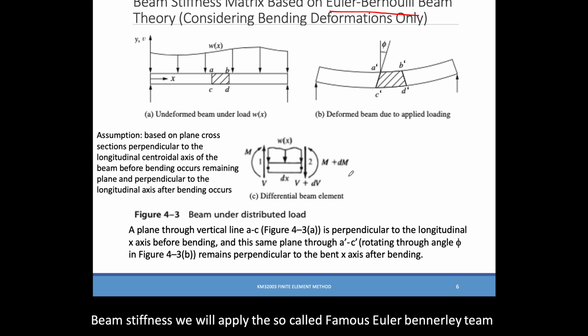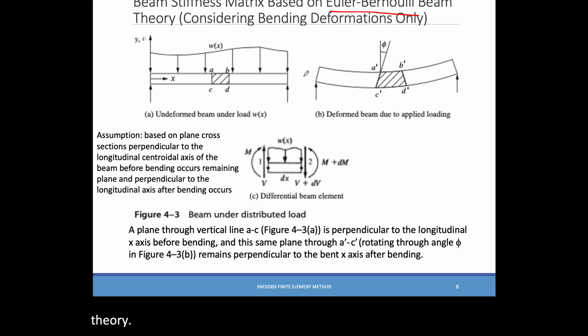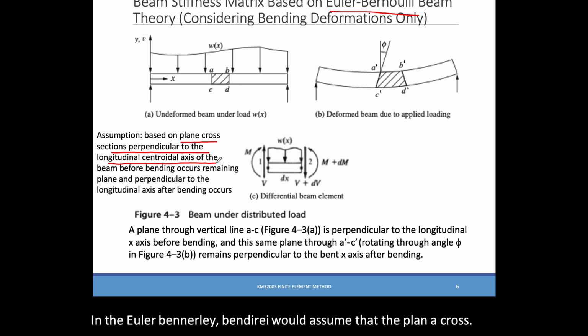In the Euler-Bernoulli beam theory, we assume that the plane cross sections perpendicular to the longitudinal axis before bending and after bending remain plane, okay? Meaning to say, the cross-sectional area will not have significant shape change, in order to maintain the moment of inertia.